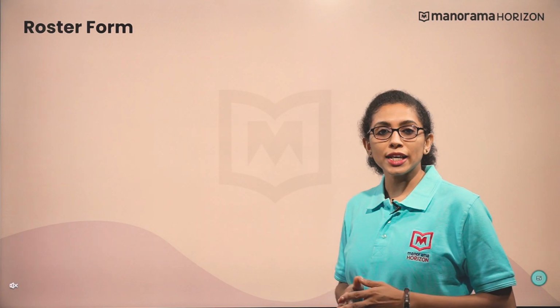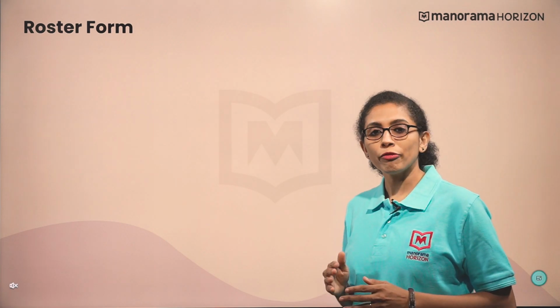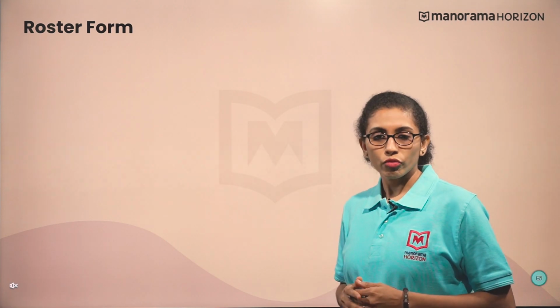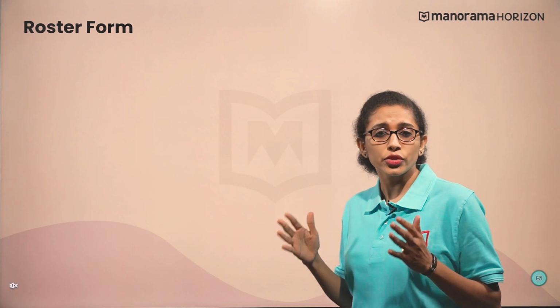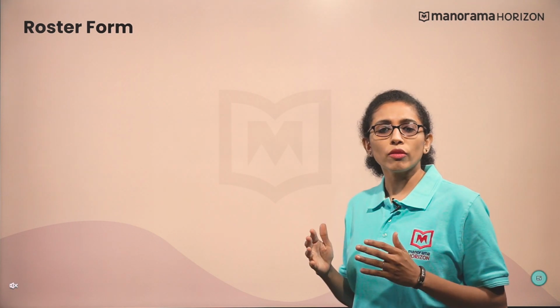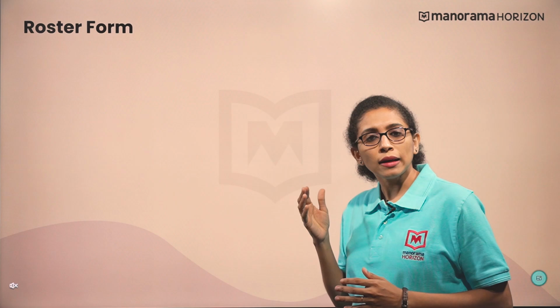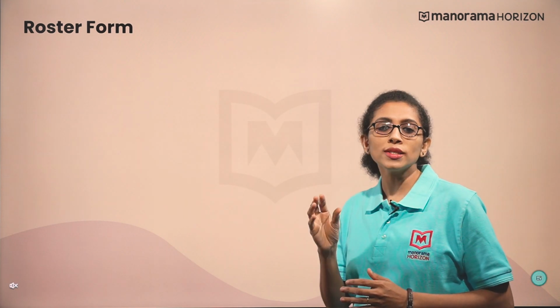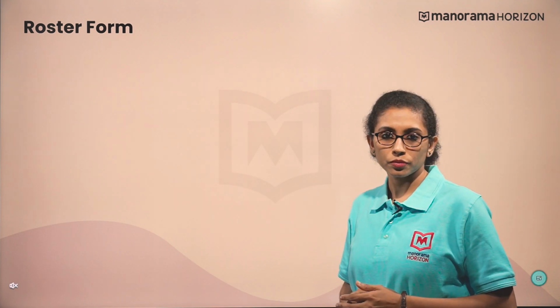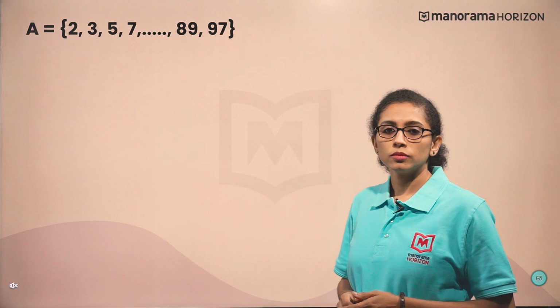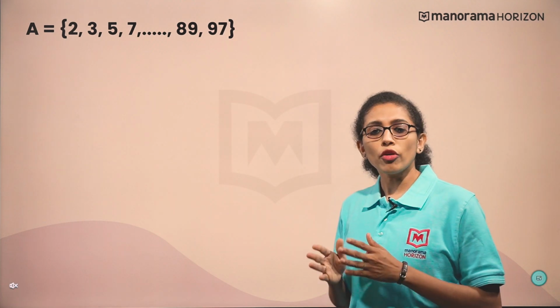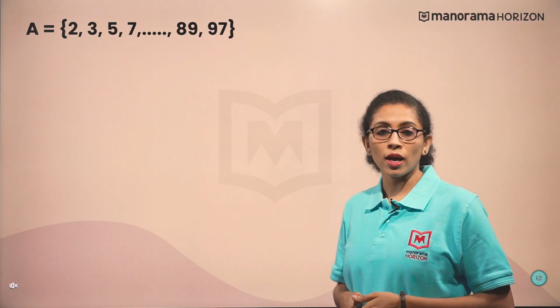While framing a set using roster form, we face some limitations. When we express large data in roster form, we usually write the first few elements and the last element, and the commas are used to separate them. For example, the set of all prime numbers between 1 and 100.